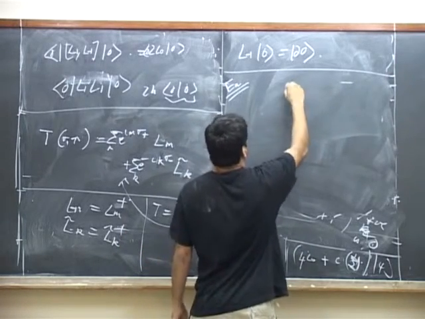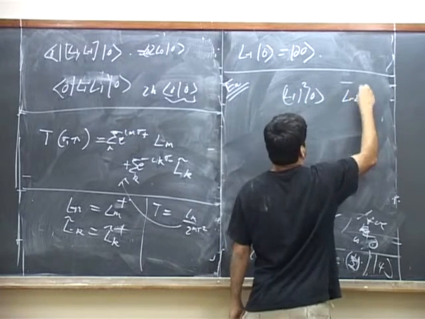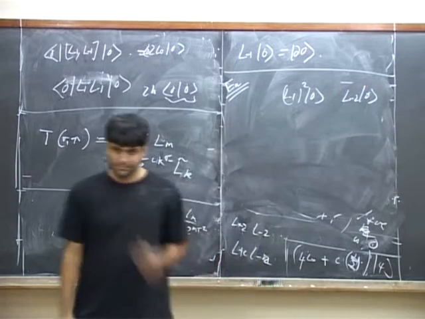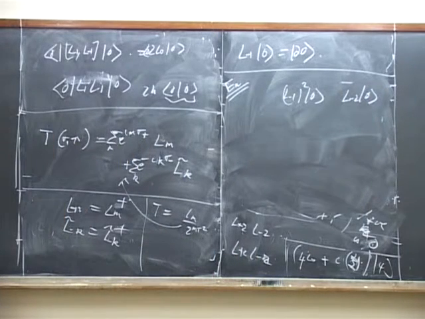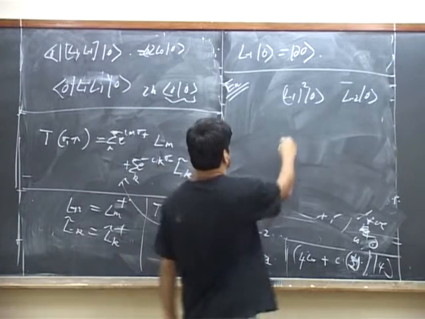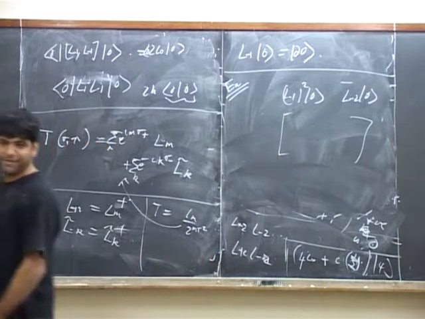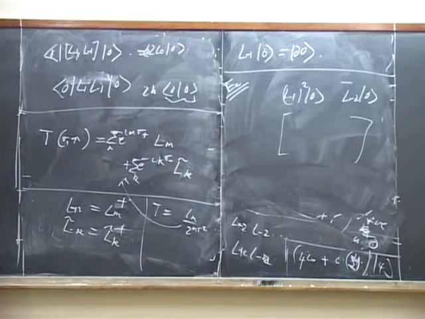Suppose we go to level 2, we have two states. We'll have L minus 1 squared on O, and we'll have L minus 2. Now, you can form a 2 cross 2 matrix of inner products from these two states.